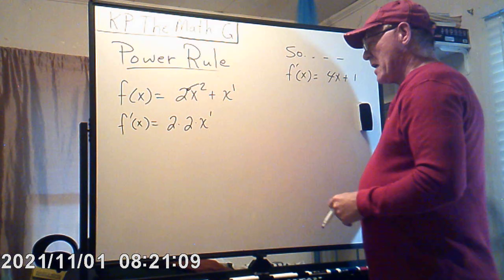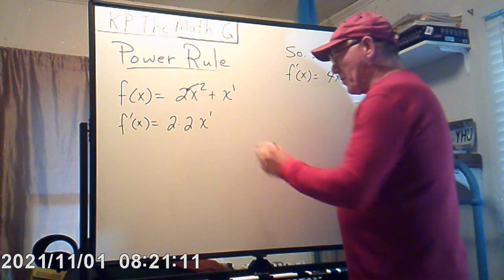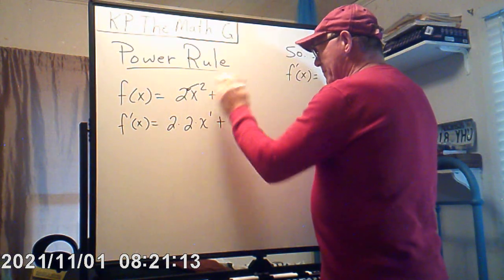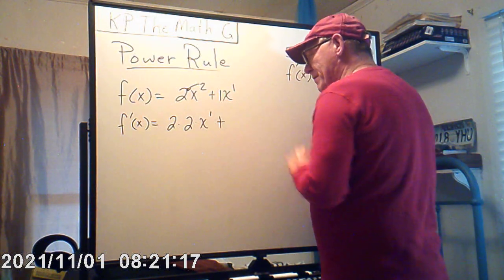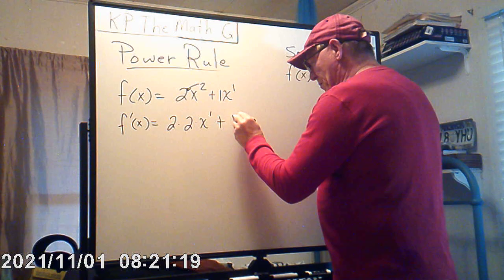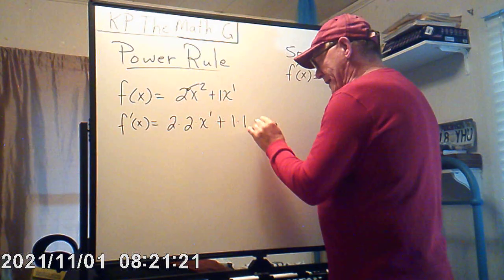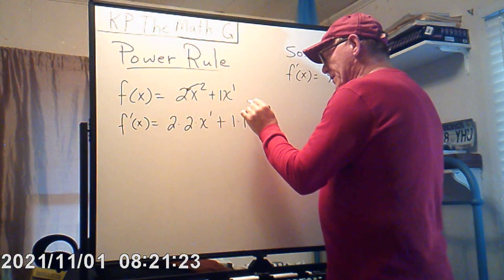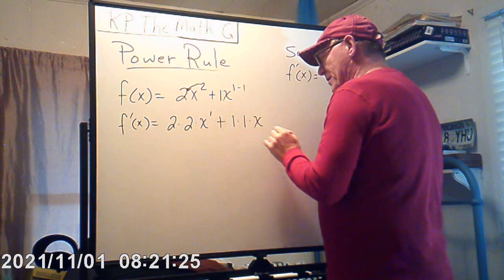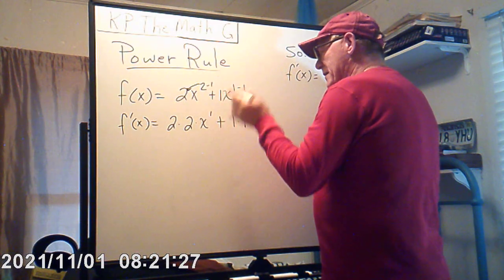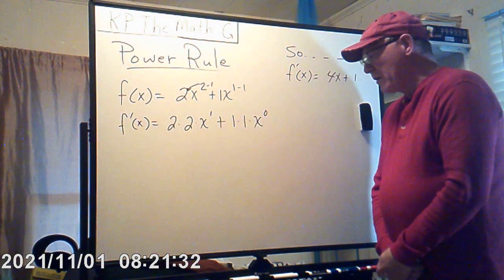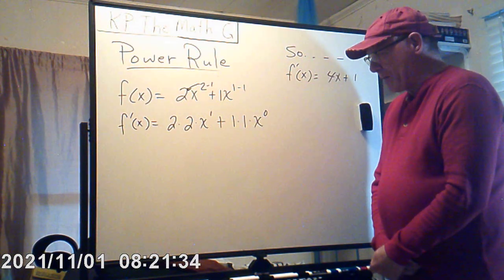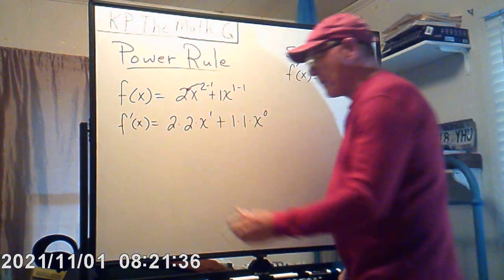So what we have here is an understood 1 right here, isn't it? So 1 times 1 times x. If we reduce this exponent by 1, what's the exponent going to be? Well, it's going to be 0, isn't it? Let's see what we get here.